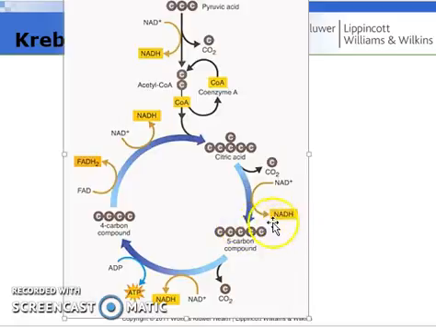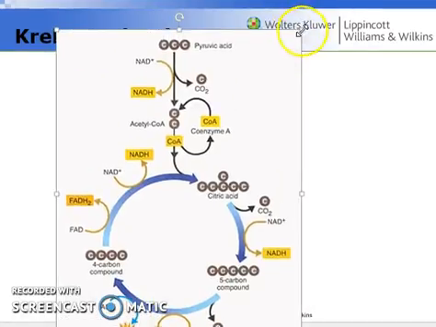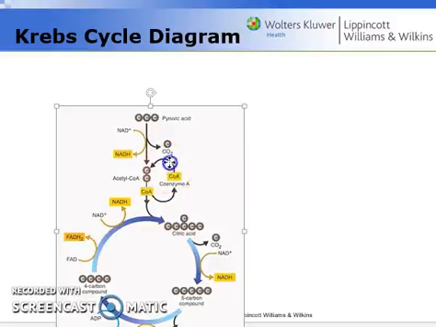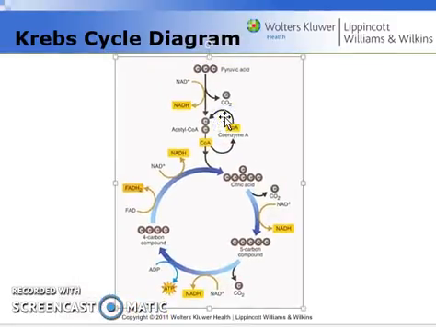So anything that's highlighted, NADH, NADH, FADH2, NADH, NADH, those are the end products that we want to get out of the Krebs cycle. We only get 1 molecule of ATP if this Krebs cycle undergoes 1 process. Remember, we're actually getting 2 molecules because the Krebs cycle has 2 pyruvic acids that it needs to use to generate these electron carrier molecules.